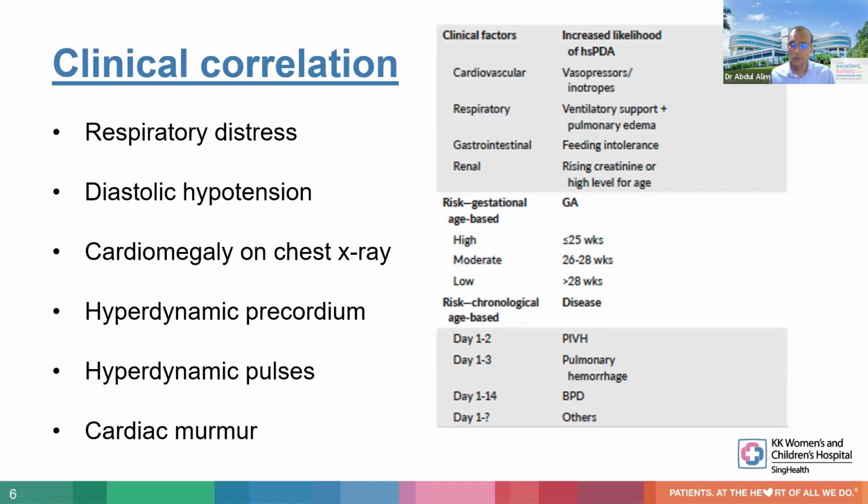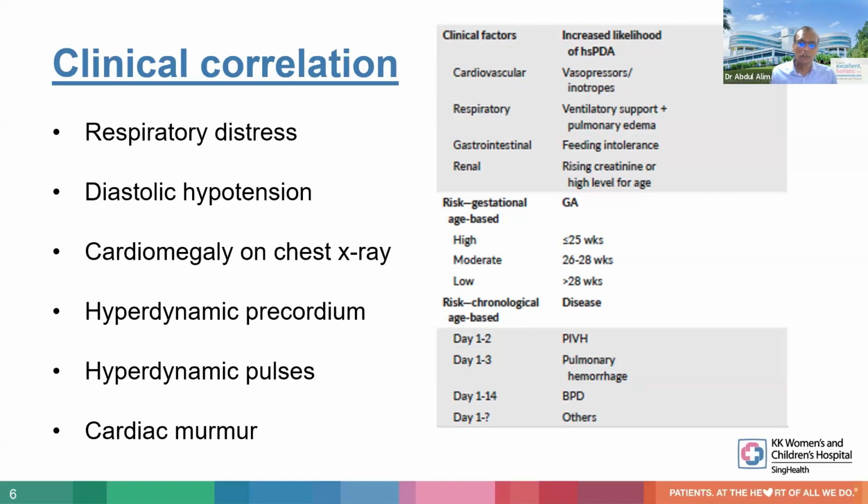In a premature neonate, say a 28-weeker on day 2, who has been treated for RDS but still has increasing work of breathing and is CPAP dependent, with a hyperdynamic precordium, low diastolic blood pressure and bounding pulses, we can clinically make an assessment of PDA in such infants.